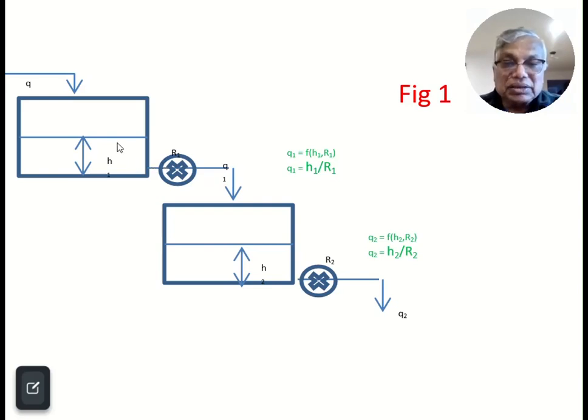So we see that the flow-head relationship of the first tank does not depend in any way on the second tank. If there is a disturbance in the level of the second tank, it is not going to affect the outflow from the first tank. I repeat, if the level of the second tank H2 changes, it is not going to affect Q1, the outlet flow from the first tank, or the level in the first tank.